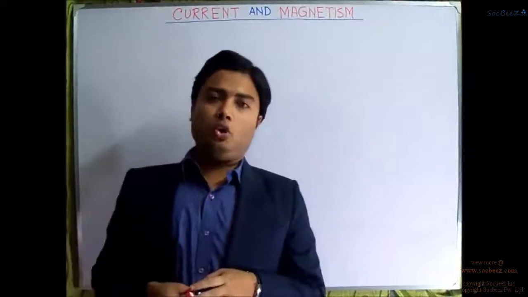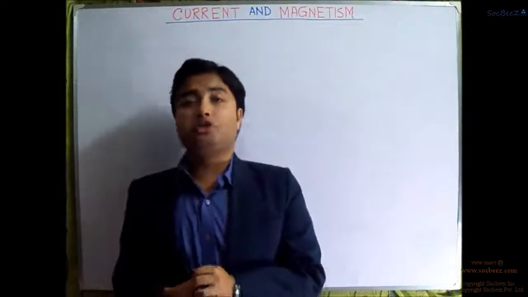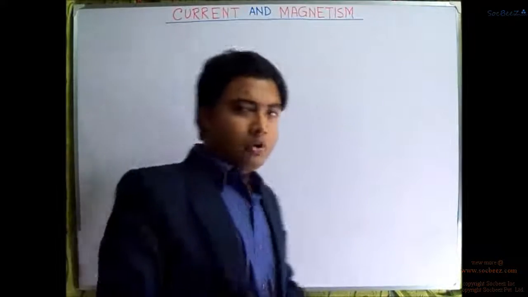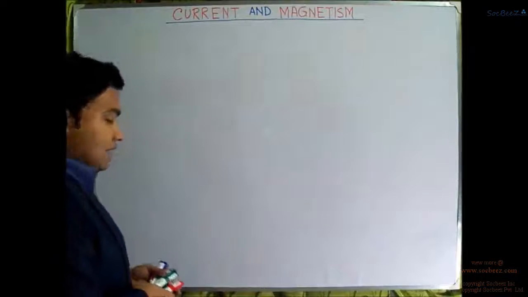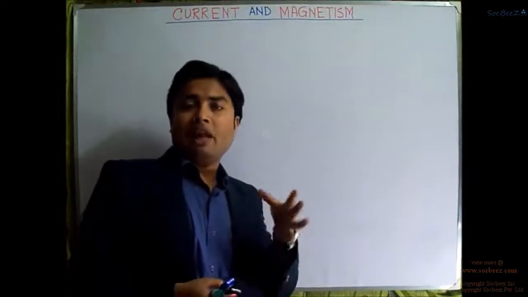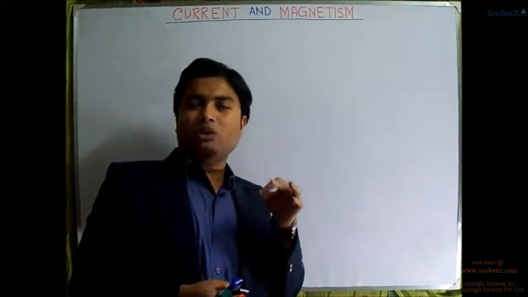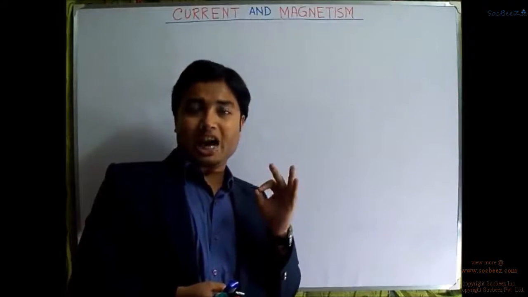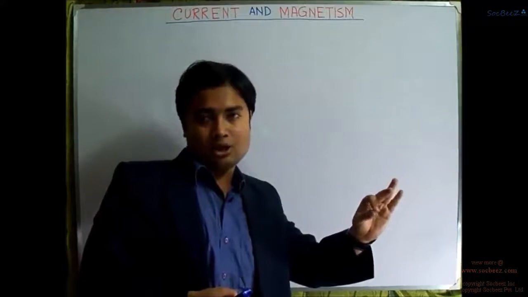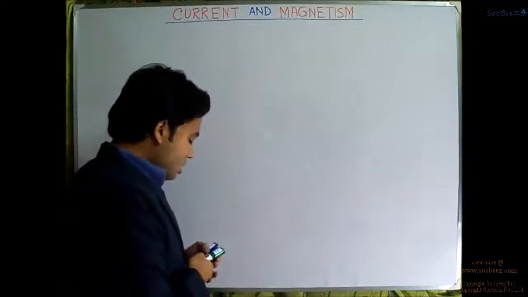Now we are going to look at some of the special cases related to finding the magnetic field at a point. As we have seen, there was a coil, and on that coil we needed to find the magnetic field intensity at a point located on the axis of the circular loop or coil.